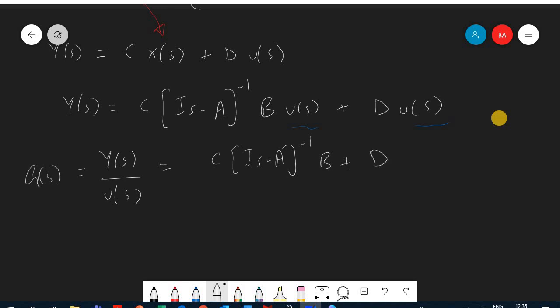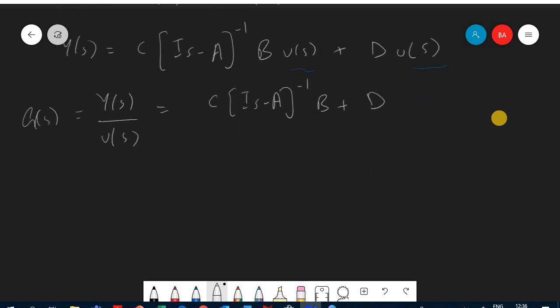And here, for sI minus A, you just need to remember that if you have a 2 by 2 matrix, you need to know how to find the inverse. For example, a 2 by 2 matrix like a, b, c, d.